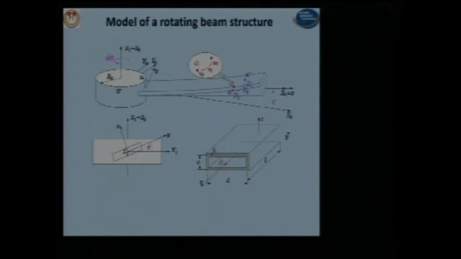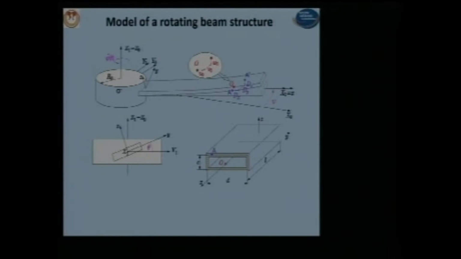We consider the hub, which is a solid body, and to this solid body there is a flexible beam, which is fixed, and this beam is made of composite. This is important because we want to model composite structure. The beam can have some preset angle, which we can change.